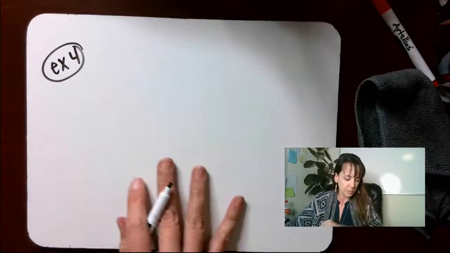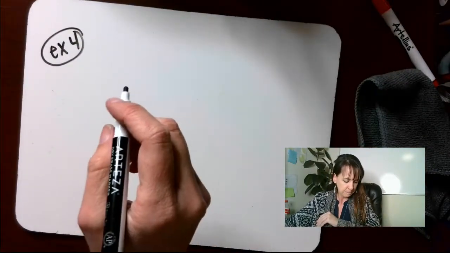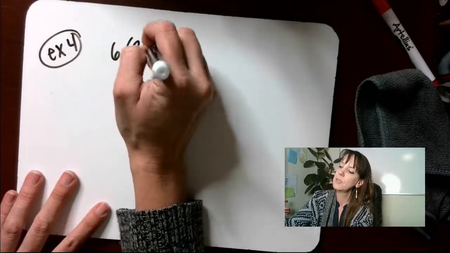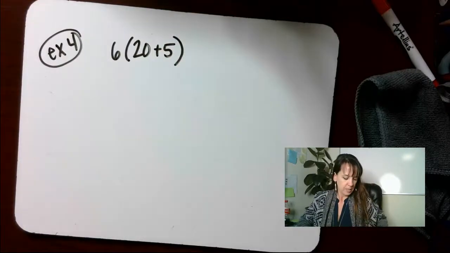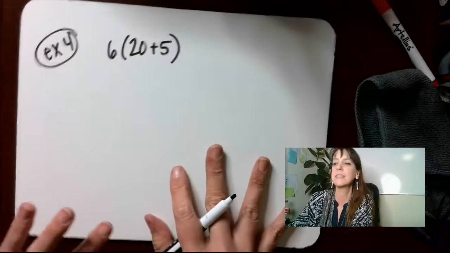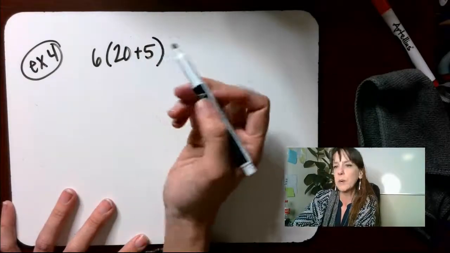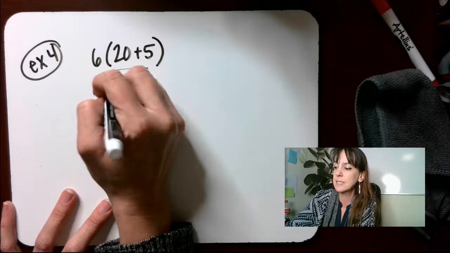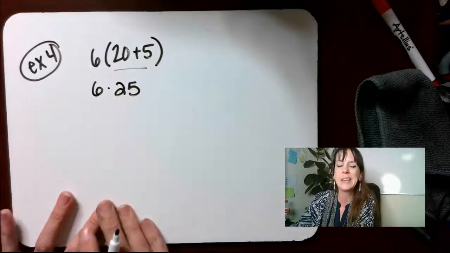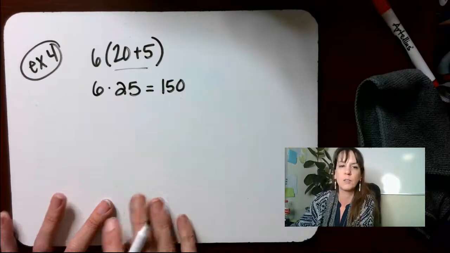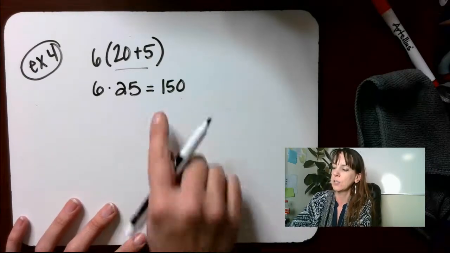Okay, so with that said, let's do example number 4. We've got 6 times (20 plus 5). The instructions tell us, show 2 ways to simplify this expression. Well, the first way is what we've been taught, which is do your parentheses first, this guy. So we get 6 times 25. If we have 6 quarters, we have $1.50, or 150.